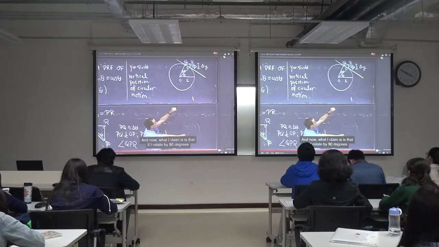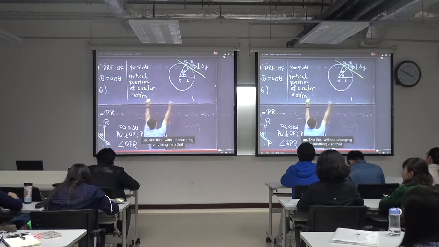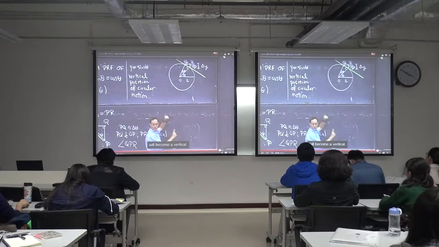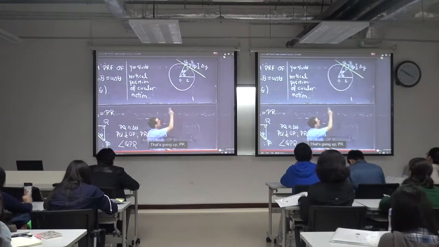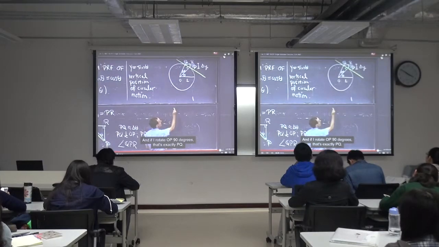Now, what I claim is that if I rotate by 90 degrees up, like this, the horizontal will become a vertical. That's PR, that's going up. And if I rotate OP 90 degrees, that's exactly PQ.